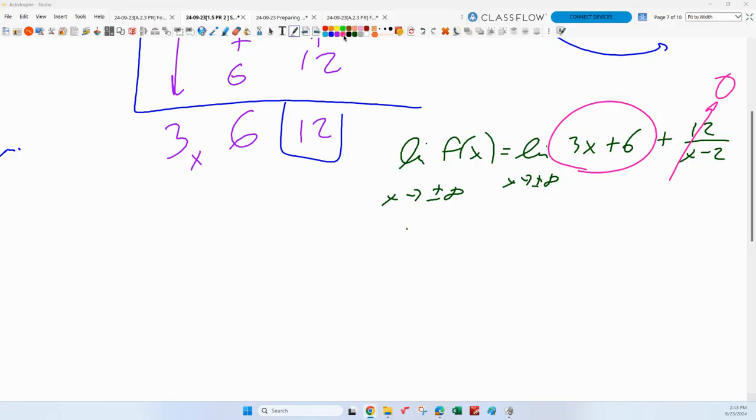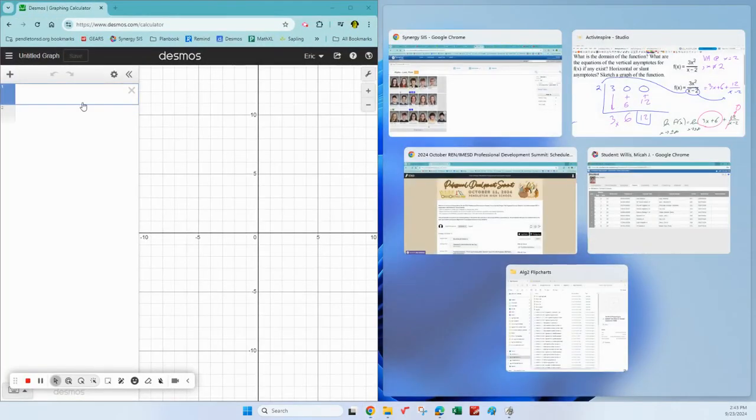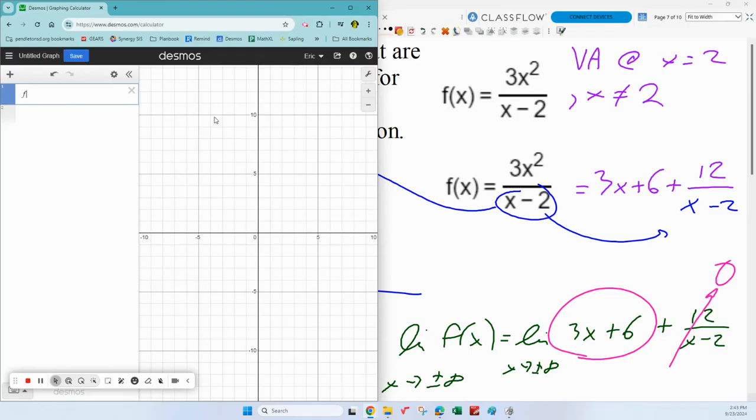Okay? So we can see that if we graph this thing on Desmos. Okay, so let's graph this. F of x equals 3x squared divided by x minus 2.